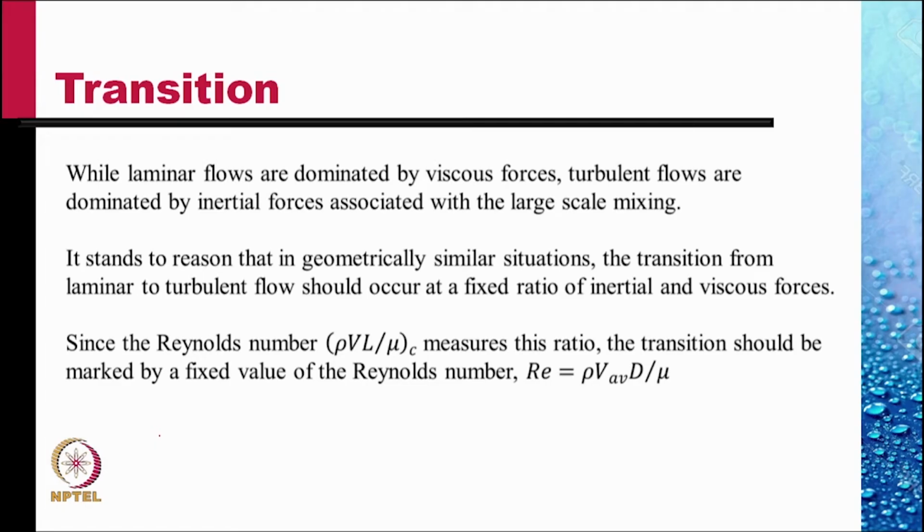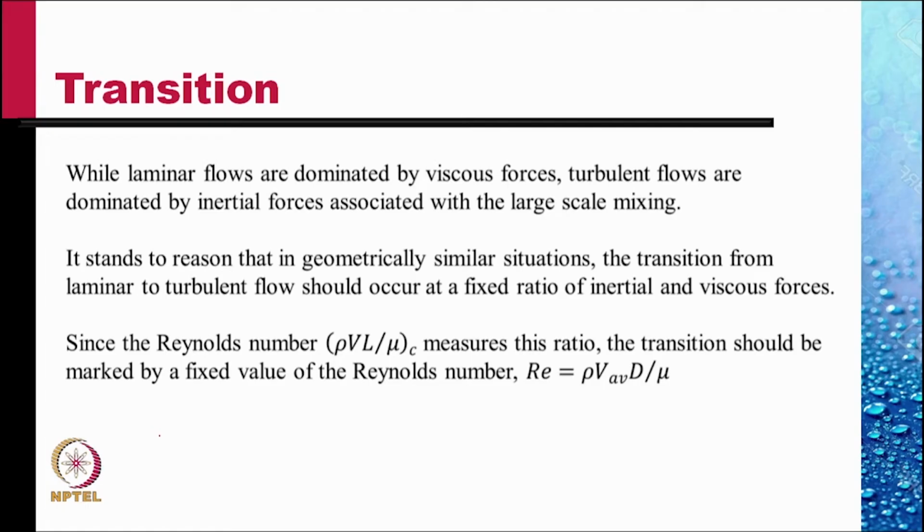While laminar flows are dominated by viscous forces, turbulent flows are dominated by inertial forces associated with large-scale mixing of the fluid. It stands to reason that in geometrically similar situations, the transition from laminar to turbulent flow should occur at a fixed ratio of inertial and viscous forces.